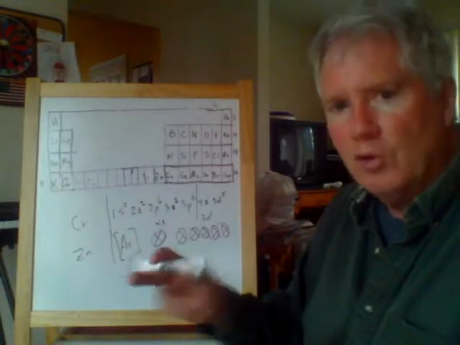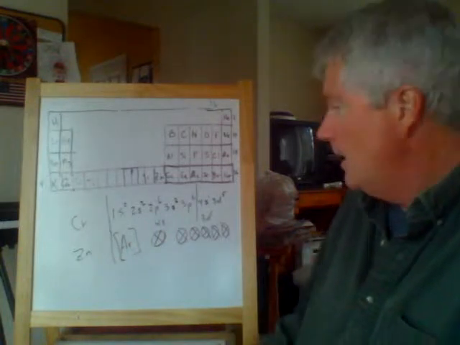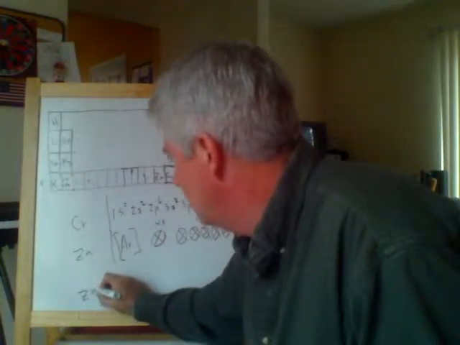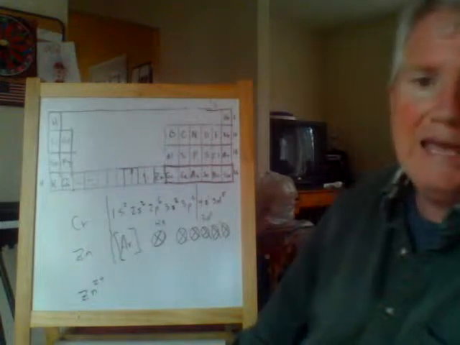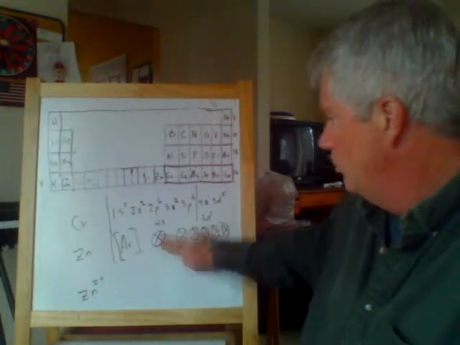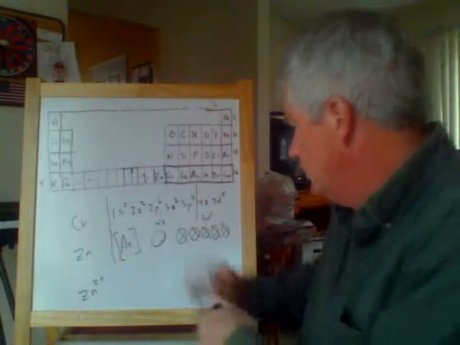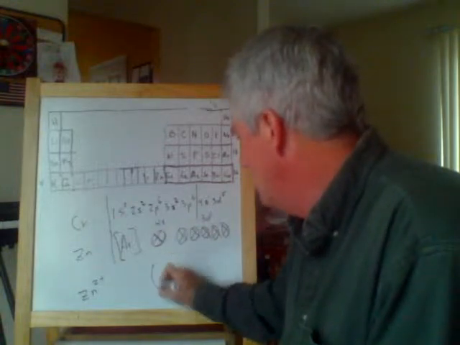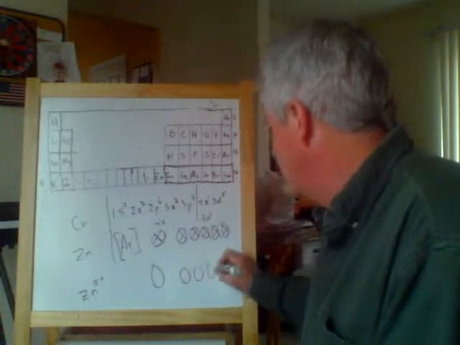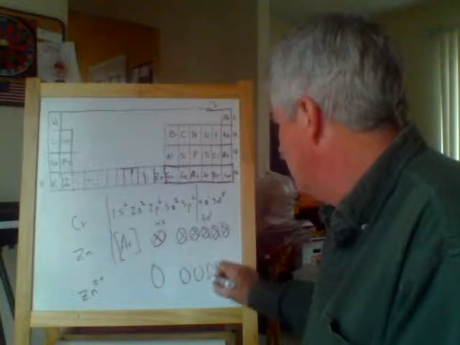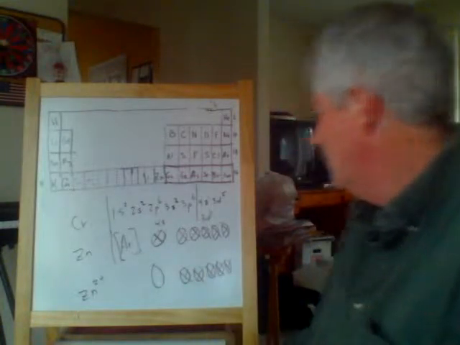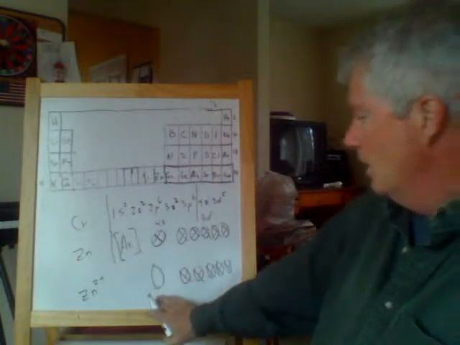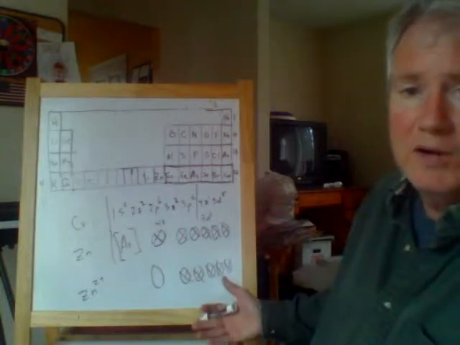There aren't these little micromagnetic fields being generated. And in fact, even zinc 2 plus, which is the common cation of zinc, gets rid of these two. And zinc 2 plus looks like this. So nice and stable here, it loses these two, still not very magnetic.